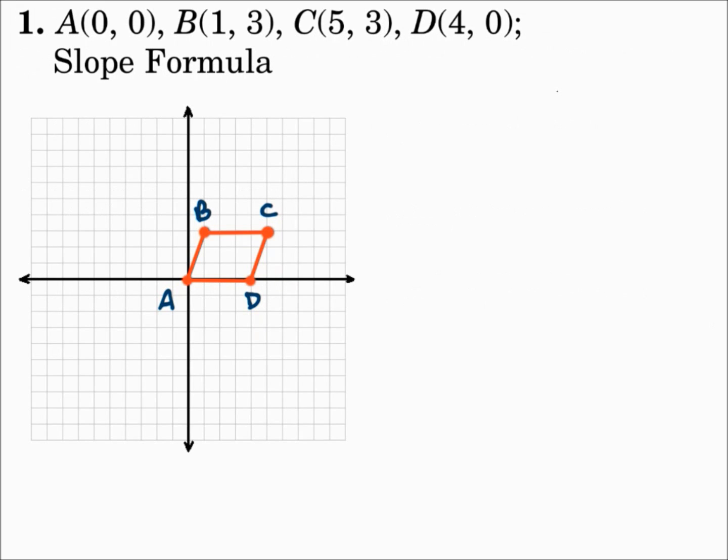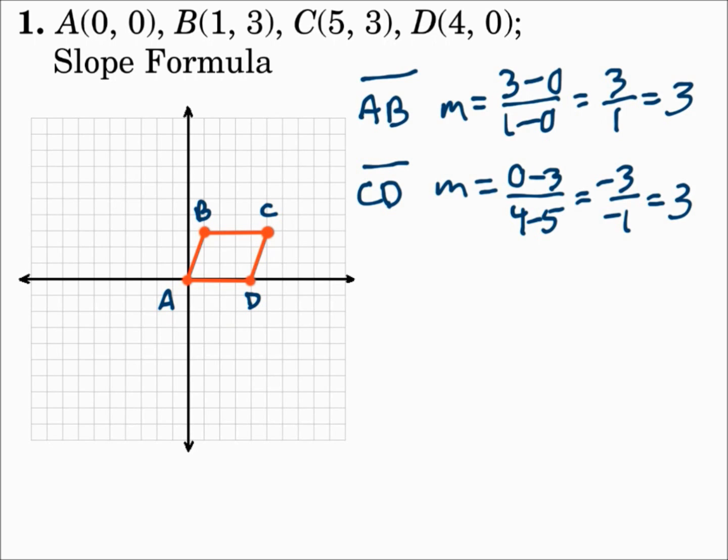Number 1, it gives you the coordinates of the 4 vertices, and it says use the slope formula. Well, we need the slope formula to determine if lines are parallel. Parallel lines have the same slope, so let's find the slope of each side. If opposite sides have the same slope, then they're parallel. For sides AB and CD, we did the slope formula. m equals y2 minus y1 over x2 minus x1, and they each have a slope of 3.